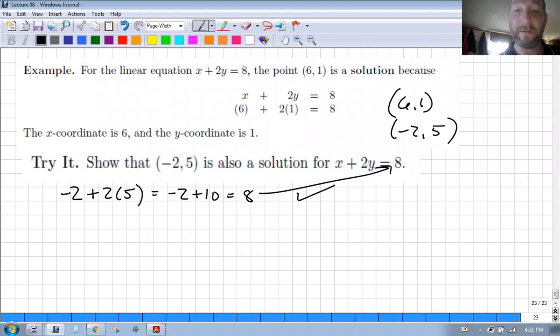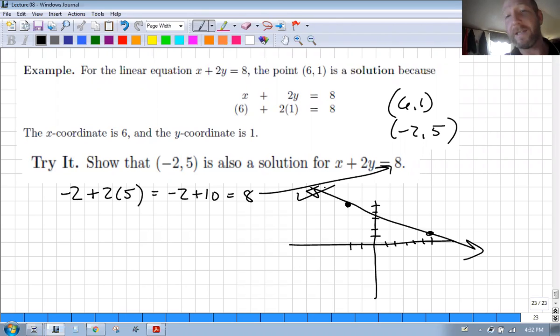Check this out. 1, 2, 3, 4, 5, 6, and up 1. -2, 1, 2, up 5, 1, 2, 3, 4, 5. We know those 2 points are solutions. 2 points make a line. So that line there is a visual representation of all the solutions for this equation.